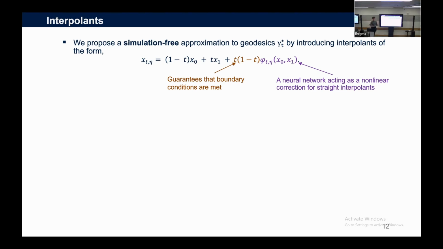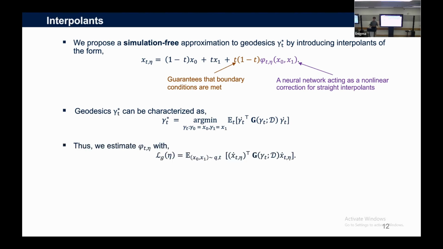So what I need now is an objective. How do I optimize these additional parameters of the neural network correction? You know that geodesics, given a data-dependent metric G on the space, are the minima of the Dirichlet energy. Again, finding such minima is complex in general, so the loss we adopt evaluates the Dirichlet energy over these paths.